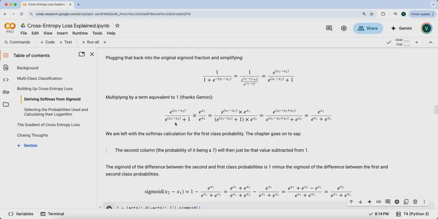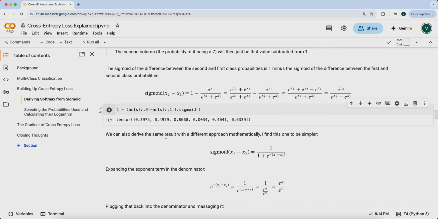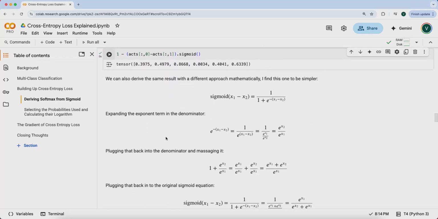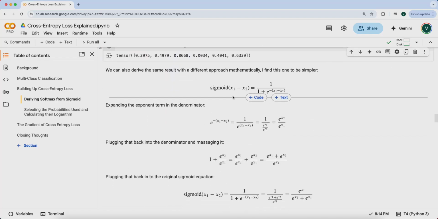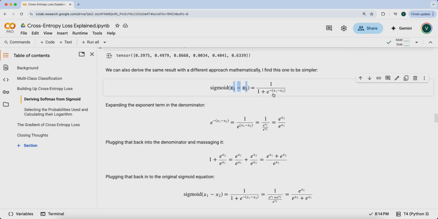And then as I was staring at it more, I realized that there's actually a simpler way of looking at this. So we're going to start again with sigmoid of our difference of classes. And we're going to do 1 over 1 plus e to the negative x1 minus x2. All right, so here's our input, e to the minus x, and x, our input, in this case is x1 minus x2. I'm going to now expand the exponent term in the denominator.